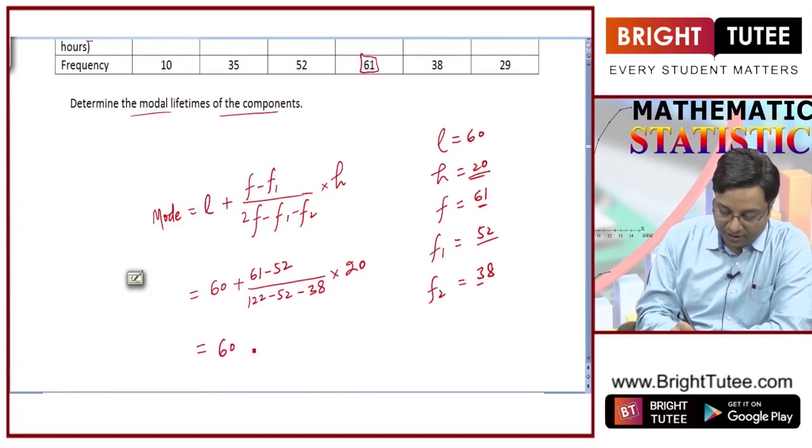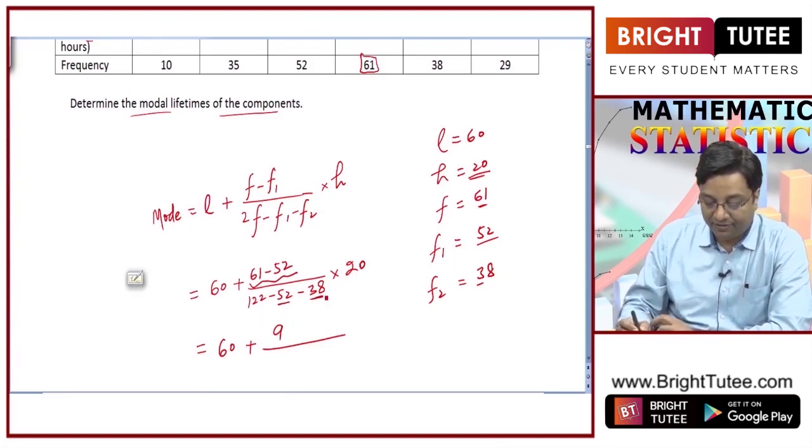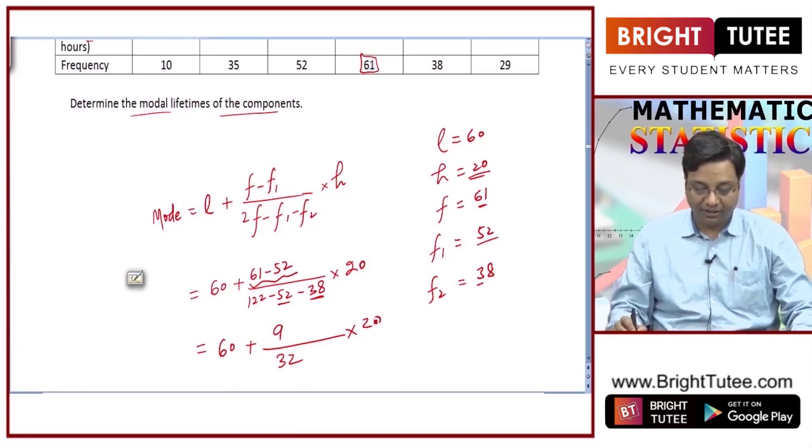So it is equal to 60 plus 61 minus 52 is 9. So 9 divided by 52 and 38 collectively, which is equal to 90. So 122 minus 90 is 32, and multiplied with 20.